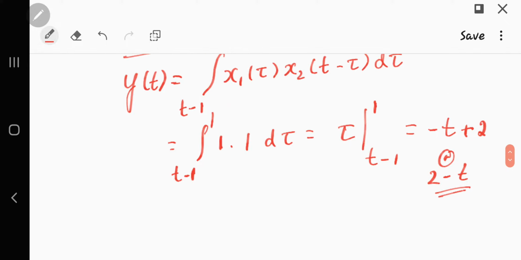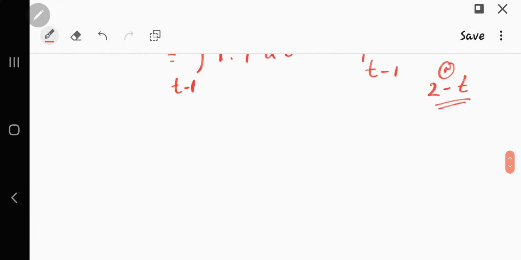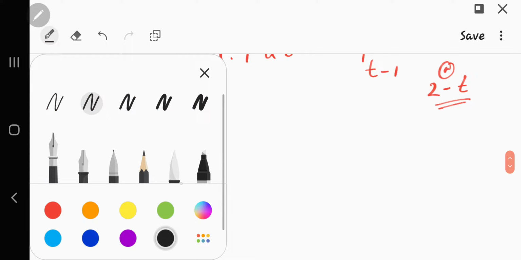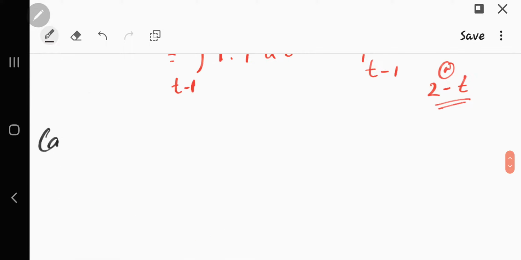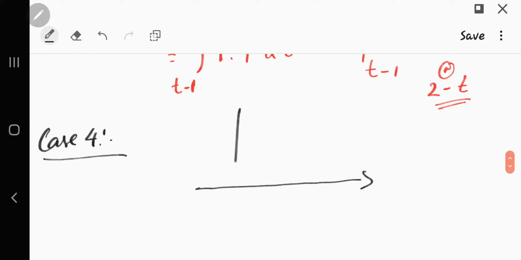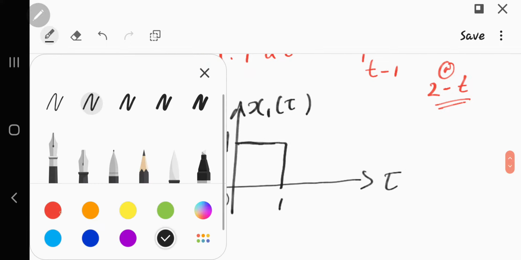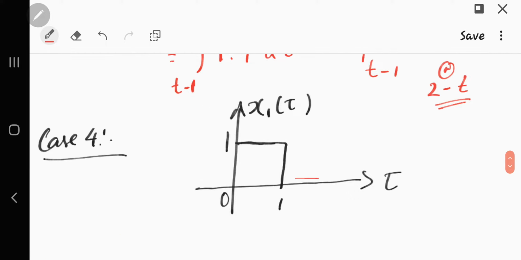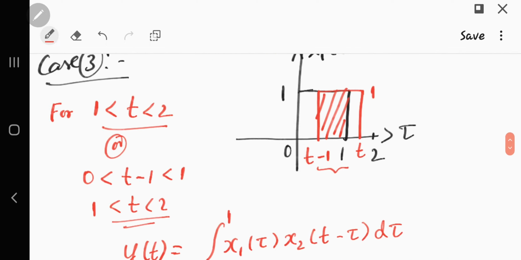Okay. So next case, case 4. So this is my x1 of tau and taking this next signal. Now observe here, I will shift this.